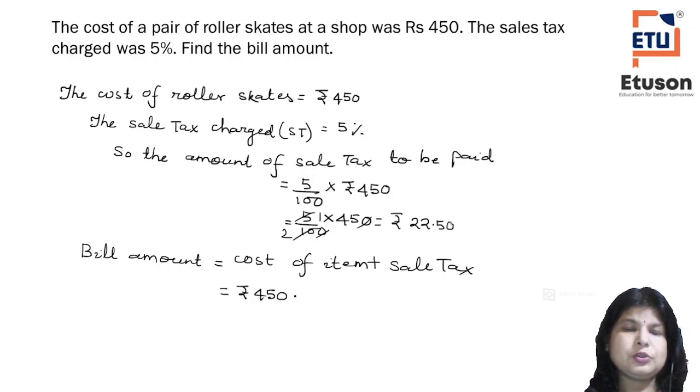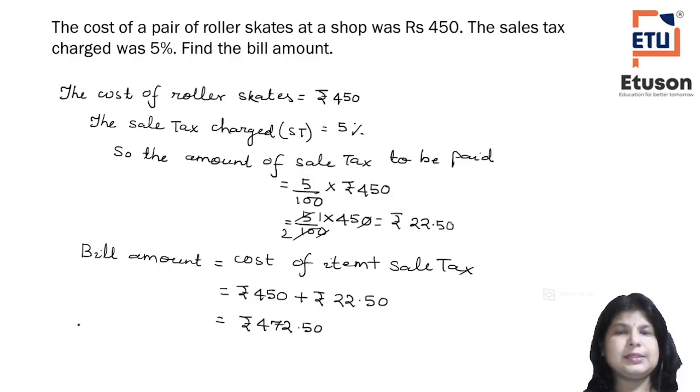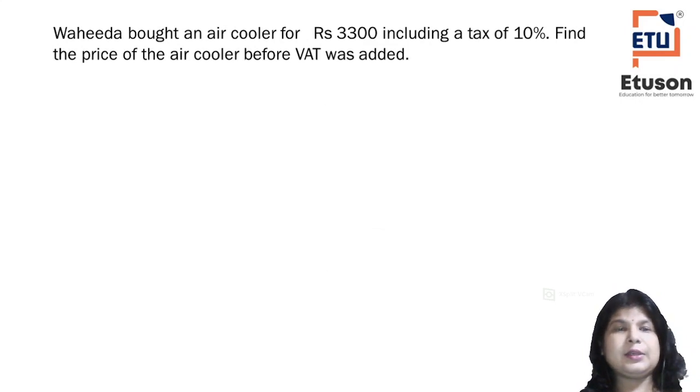Correct or not? So plus rupees 22.50 paisa. So that is equal to rupees 472.50 paisa. So this is the bill amount. Correct, children?